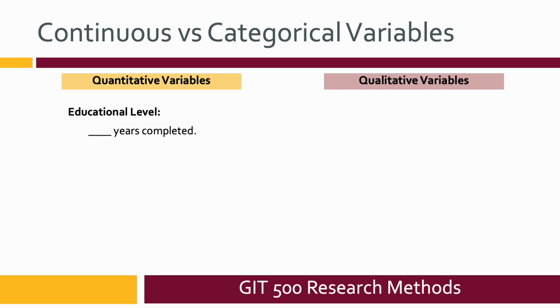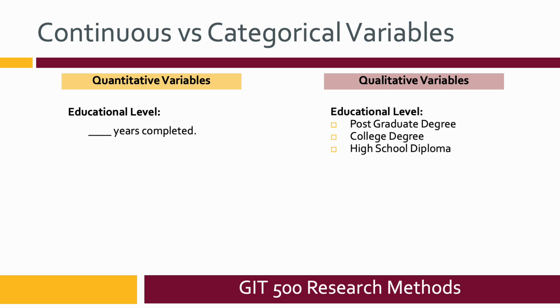For example, continuous, if you ask the question about educational level, a quantitative variable, that continuous, any number could be entered in there, right? So that's the way you would ask a question if you wanted quantitative data. You would just say, how many years have you completed your education level? Qualitative, you would give those categories. And this is just an example.